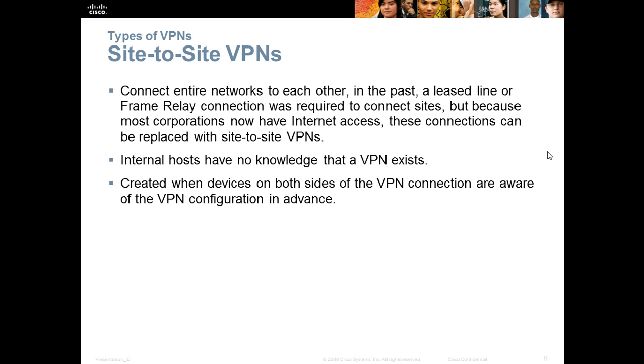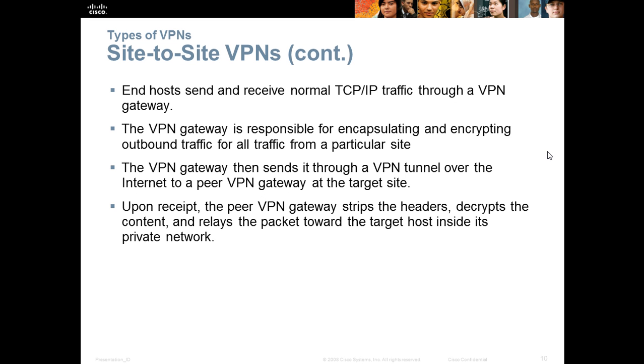A site-to-site VPN is created when devices on both sides of the VPN connection are aware of the VPN configuration in advance. Also, the end hosts send and receive normal TCP/IP traffic through a VPN gateway. The VPN gateway is responsible for encapsulating and encrypting outbound traffic for all traffic from a particular site.